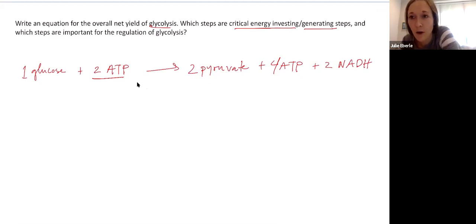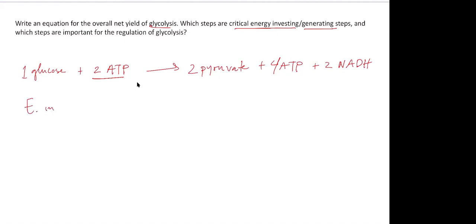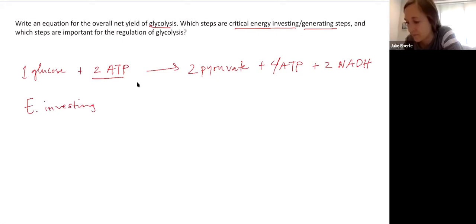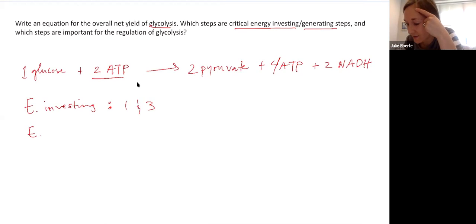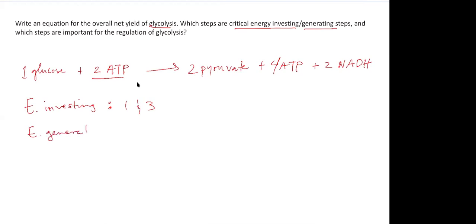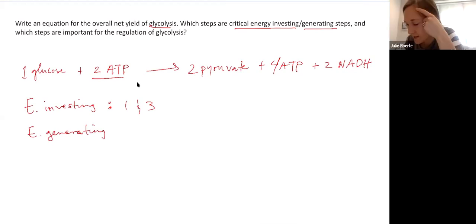Anybody remember which steps require ATP and which steps give us ATP? I think 1 and 3 require ATP, but I can't remember which other ones give it. I think it's 7 and something. Is it 7 and 10? I don't think that's it. No, it's 10. You're right. It's 10. Okay. 7 and 10. Okay.